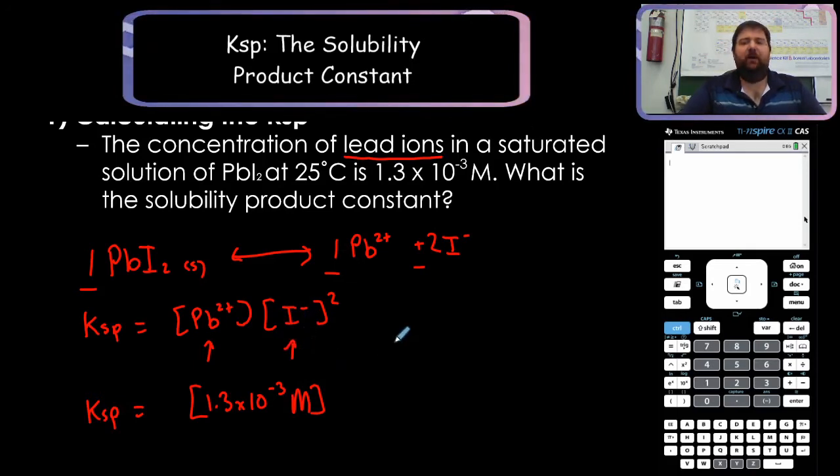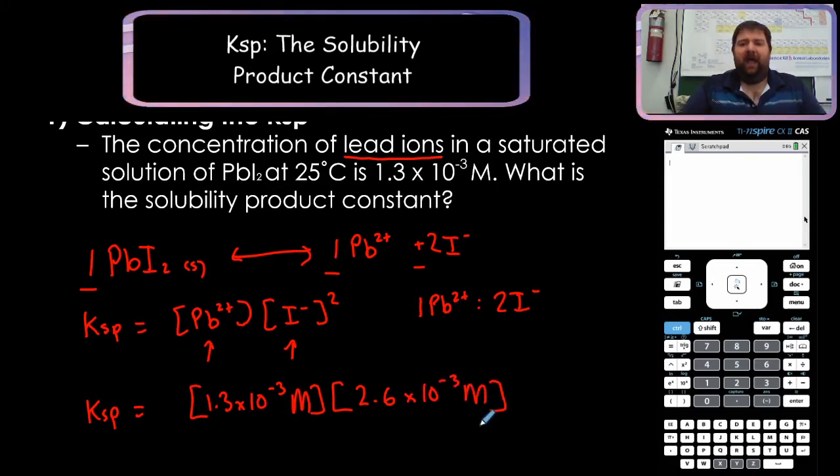I actually do here, because what do I know about the ratios of lead to iodine? I know that for every 1 lead, I have 2 iodines, which means if I have a concentration of 1.3 times 10 to the minus 3 lead ions, then I'm going to have twice as many iodine ions because they're a 1 to 2 ratio. So I can just go ahead and do that right here. I don't really need a calculator because 1.3 times 2 is 2.6, and that's of course going to be times 10 to the negative 3. And there I go.